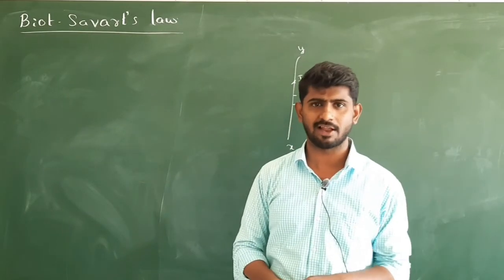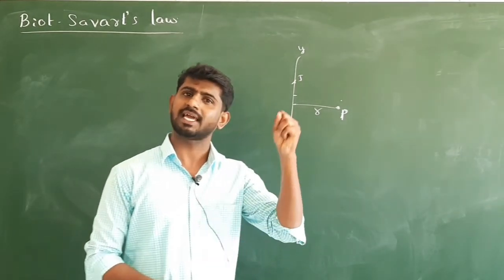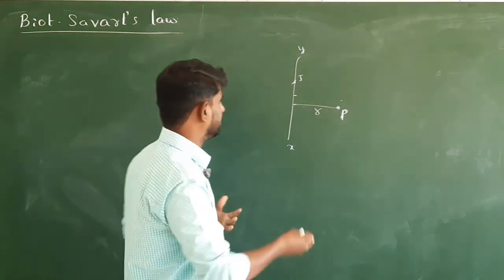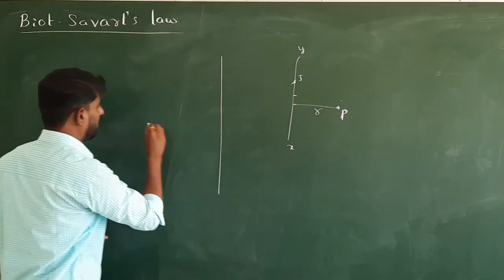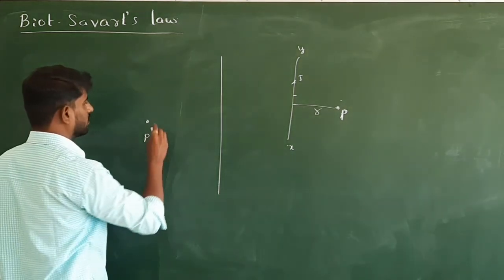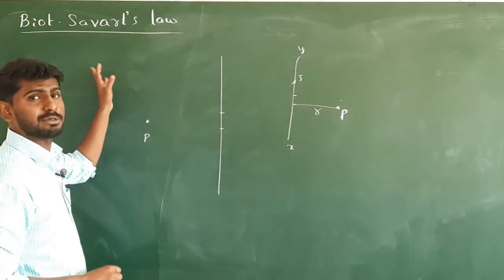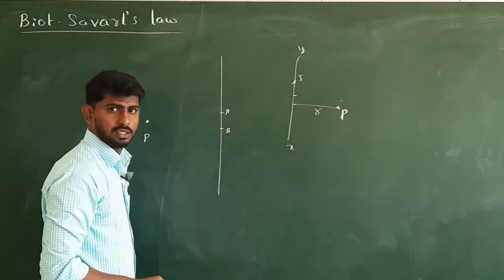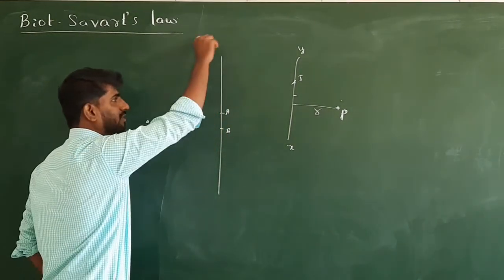To calculate the magnetic field due to a current carrying element, we use Biot-Savart's law. I am using the words current element, so if I want the magnetic field at point P due to a conductor, first we should take a small element, call it AB. We check the magnetic field due to the AB element, then integrate it over the entire conductor.